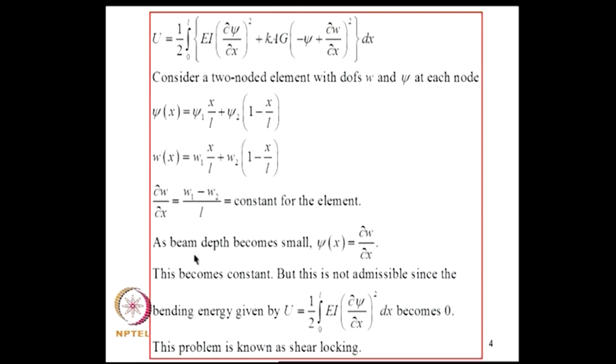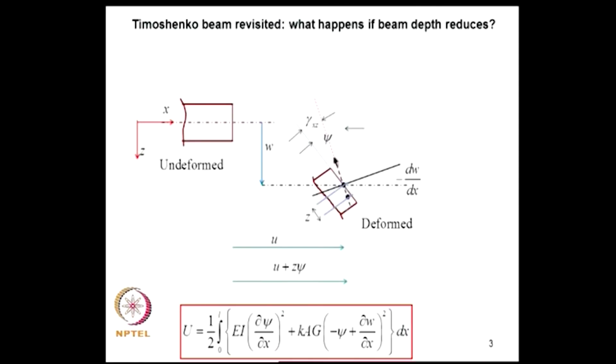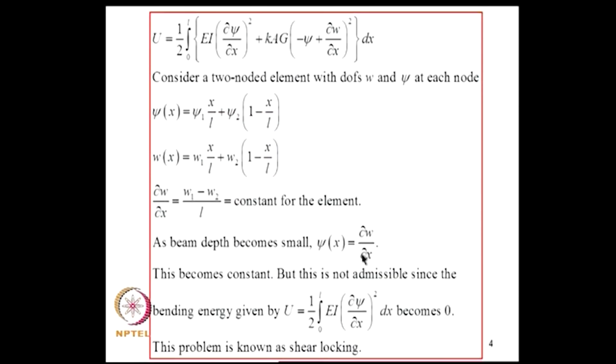Now as beam depth becomes small, psi of x should go to dw by dx. This is what we assume in thin plate theory. So in the thick plate theory, as beam depth becomes small, we can expect that psi of x will go to this.